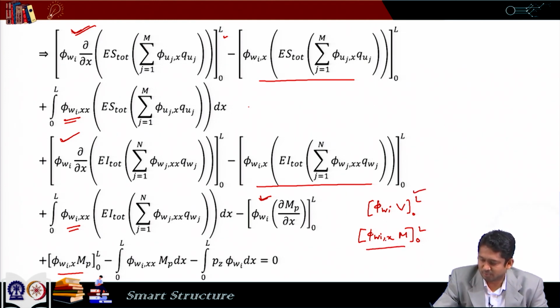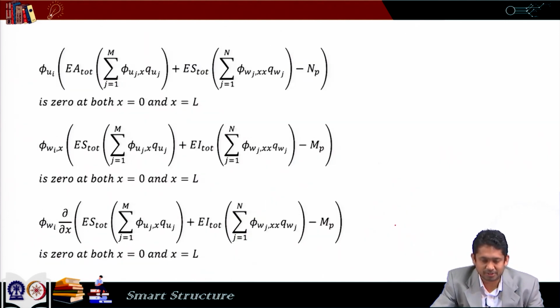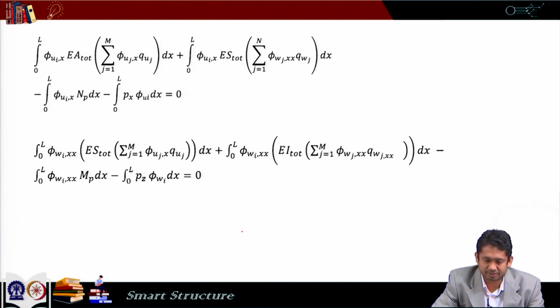So, again we apply the same logic: at x equal to 0, slope is 0. So, the phi is supposed to satisfy this, and at x equal to L bending moment is 0. So, m is 0. So, after getting rid of the boundary terms, we get the final equations.